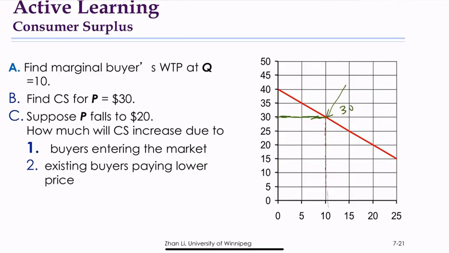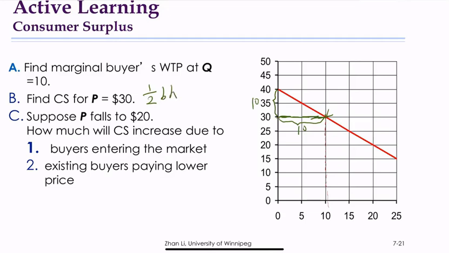And now it's the second question. Find consumer surplus at price equals 30. So if price equals 30, then basically we can see that the height of this triangle is 10, and the base is also 10. The area of this triangle equals 1 divided by 2 times base times height.